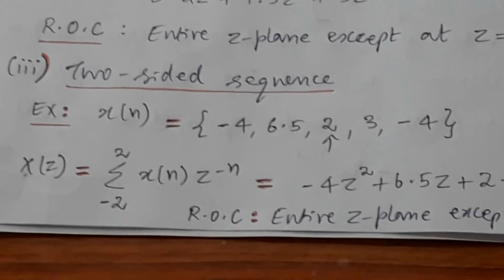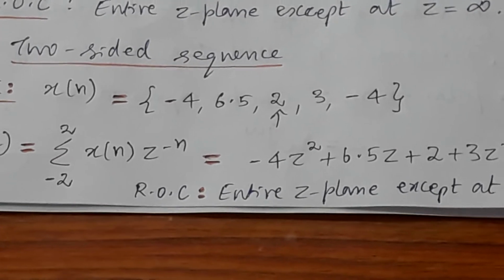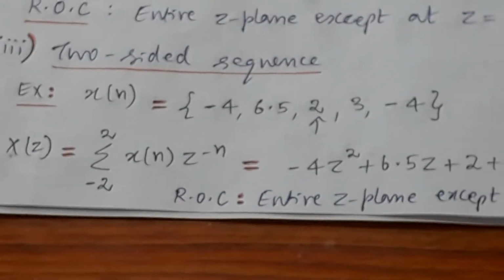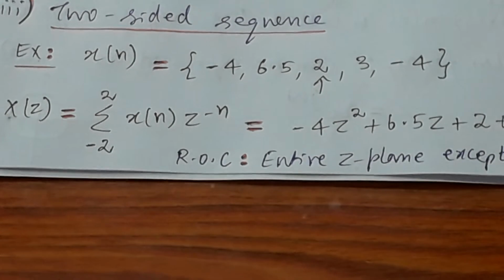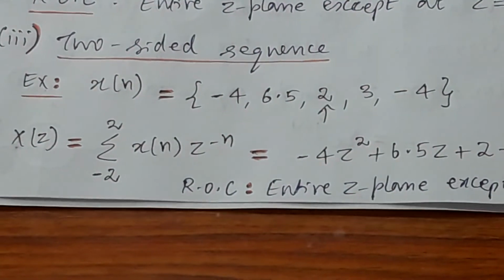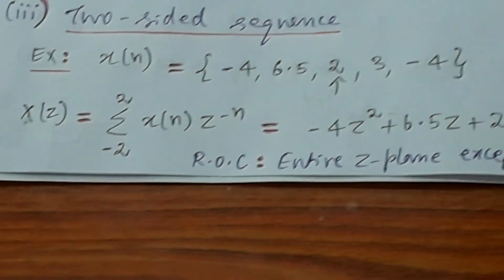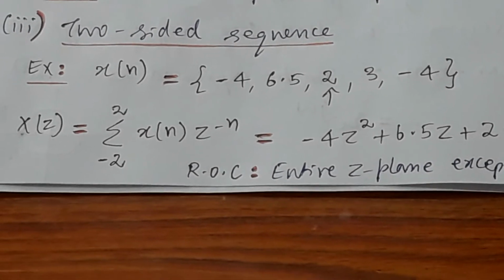Third one, the two-sided z transform or two-sided sequence. We have to find the z transform and ROC. Suppose, for example, x of n equals minus 4, 6.5, 2, 3, minus 4. The Z transform extends from minus 2 to plus 2. Okay, the origin is 2. The n value is different, the amplitude is different. Don't confuse. Again I'm telling you, see the basics class of discrete time signals, you will understand better.